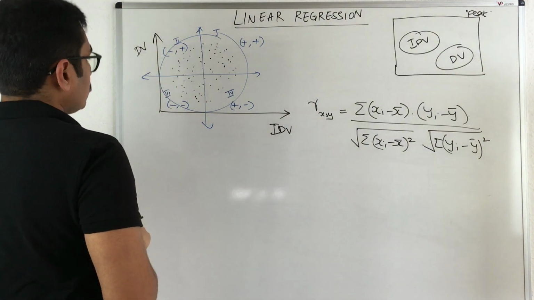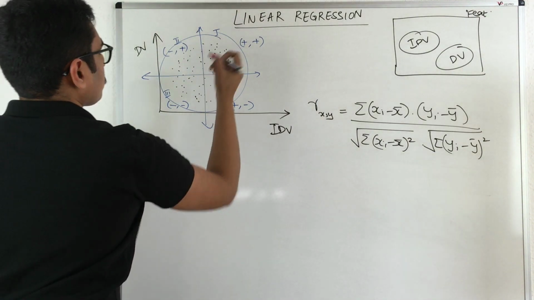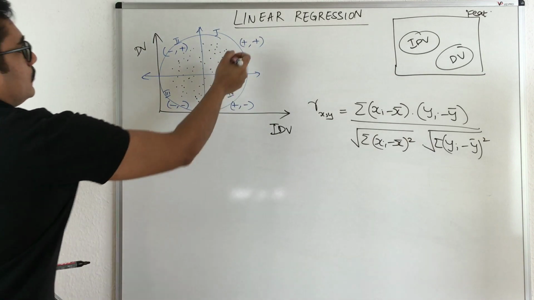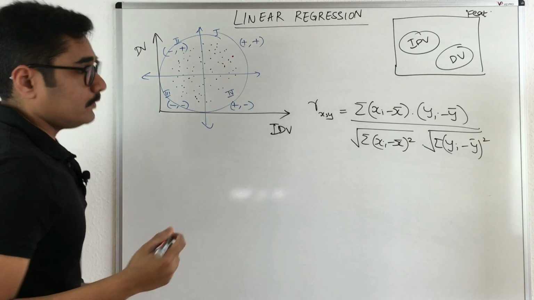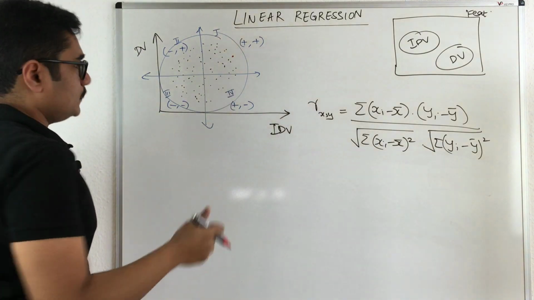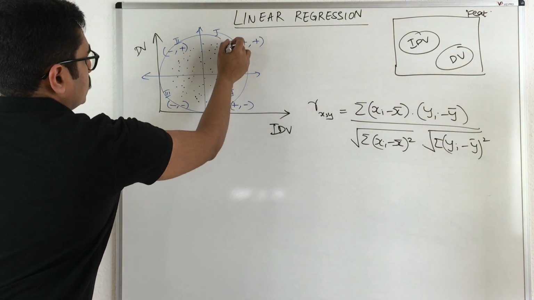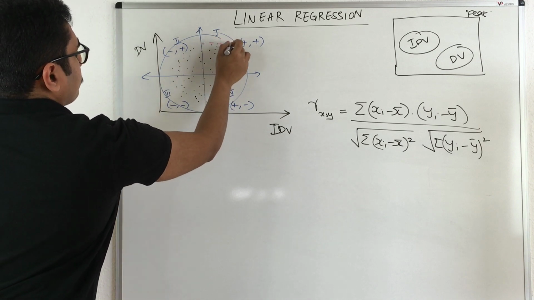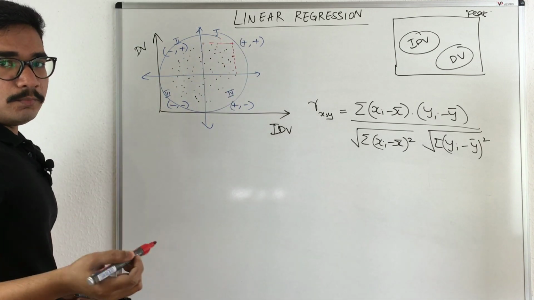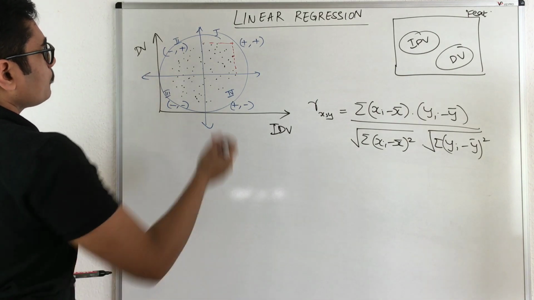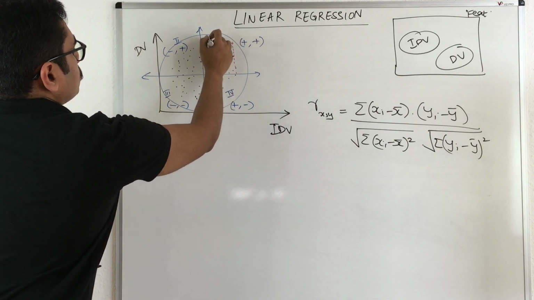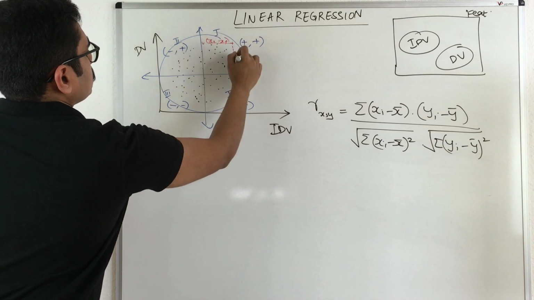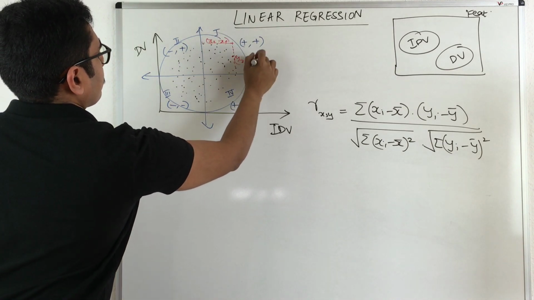Now if you consider any one particular point, say I am interested in this point, and I want to calculate the area of this particular region, I will construct a rectangle around it, which is nothing but x2 minus x1 and y2 minus y1.